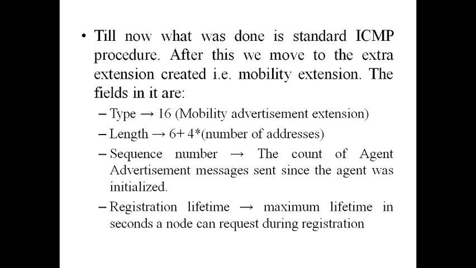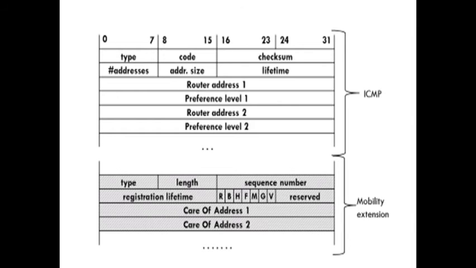These bits are, the first bit is R. This R bit shows if a registration with the agent is required even when using a co-located COA at the MN. We have discussed the foreign agent COA and co-located COA. Co-located COA means within the home network.